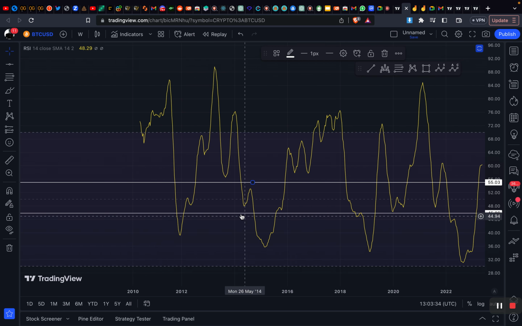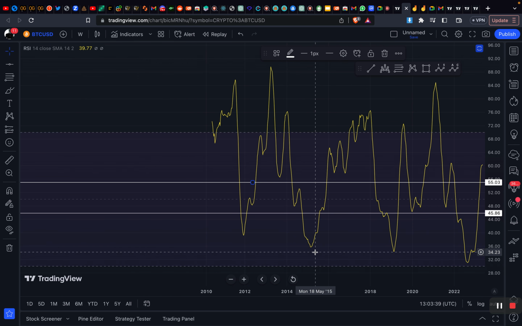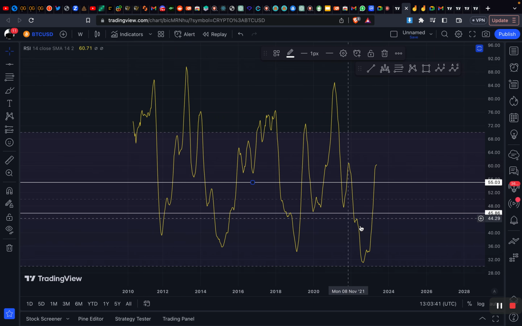And when using the relative strength index for analysis, whenever the relative strength index is at the bottom of the chart, it means the market has been oversold. Whenever the relative strength index is at the top of the chart, it means the market has been overbought as well.